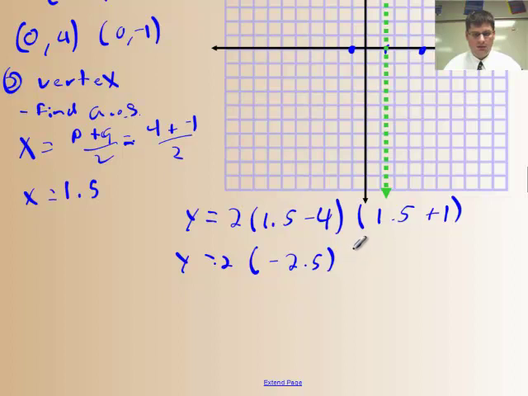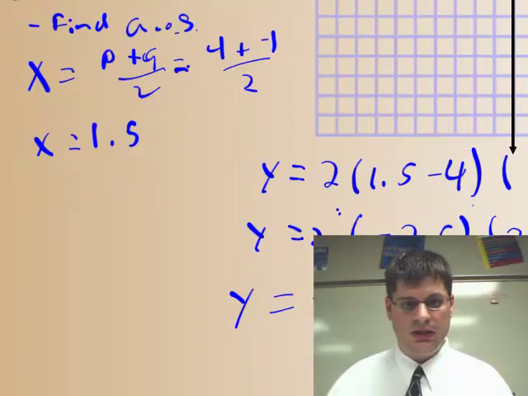And this is going to give me positive 2.5. All right. And now we just multiply this whole mess together. Okay, so that's going to get me negative 12.5.